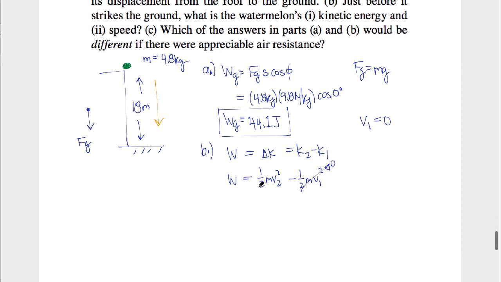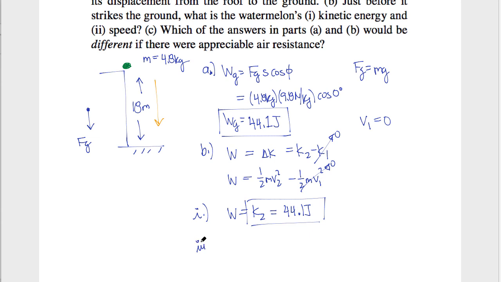Therefore, my work will be just equal to 1/2 mass times the square of my final velocity. I can go ahead and say that since K1 is 0, my work will in fact be equal to K2. Or, in this case, K2 will be equal to 44.1 joules. And so this right here is part 1.